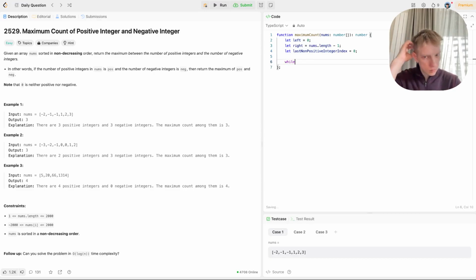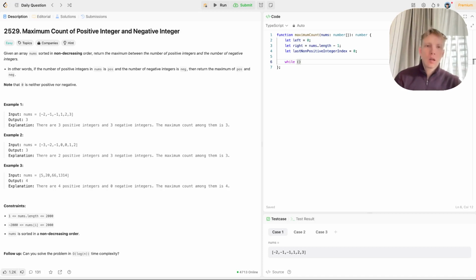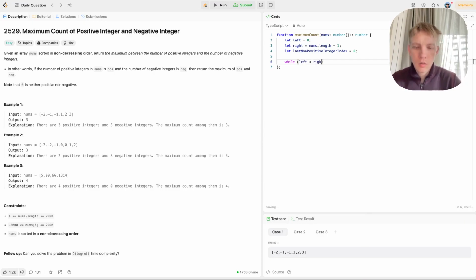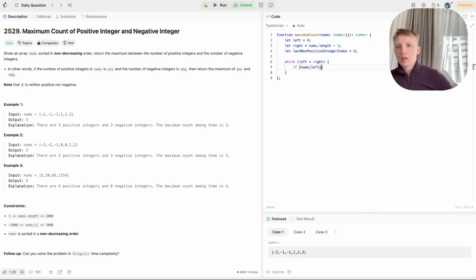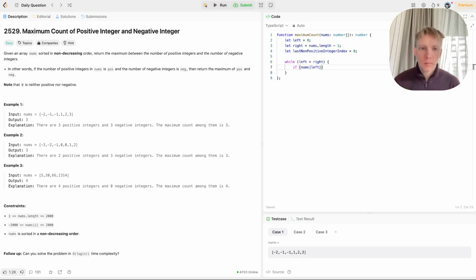While left less than right, if numbers left, what kind of condition should we have?